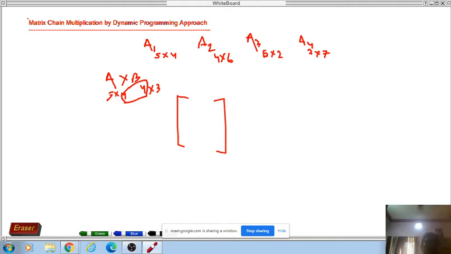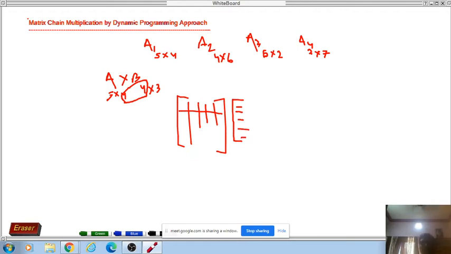So how can I make it? Here we have to make the rows of how many columns? There will be 4 columns. Similarly, the other matrix will have 1, 2, 3, 4.